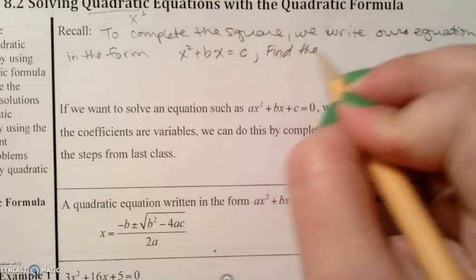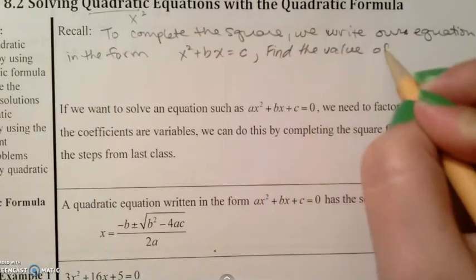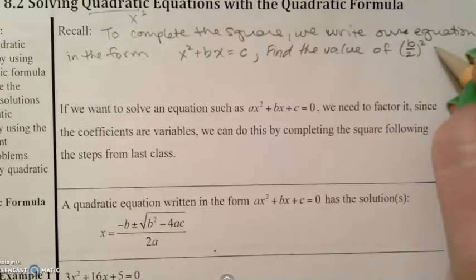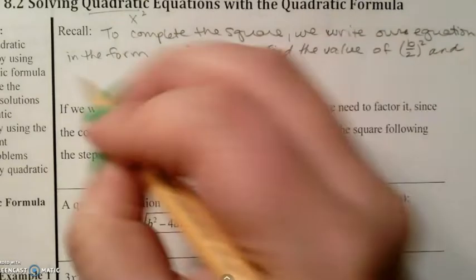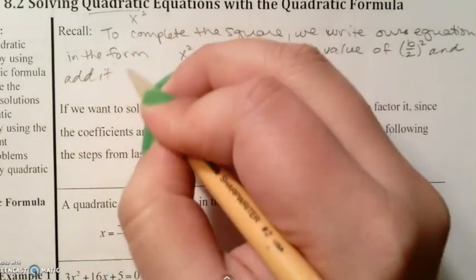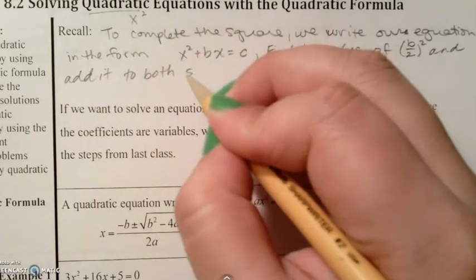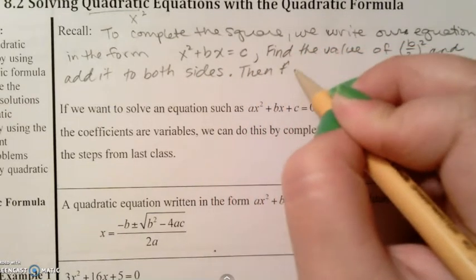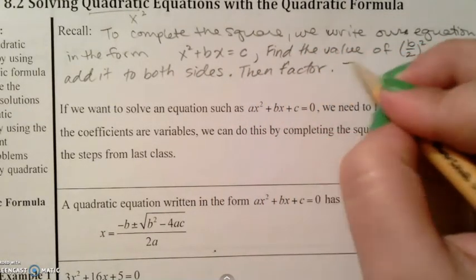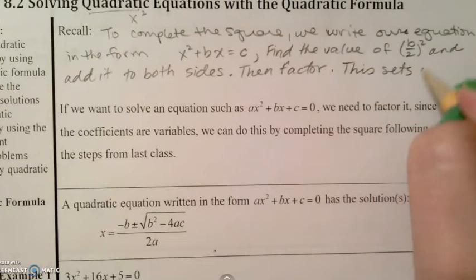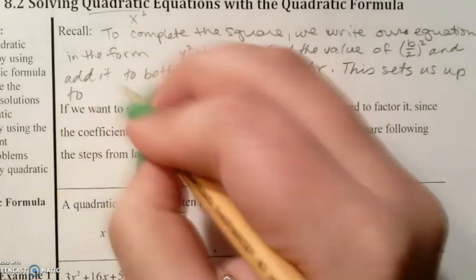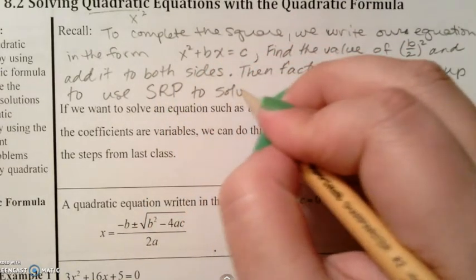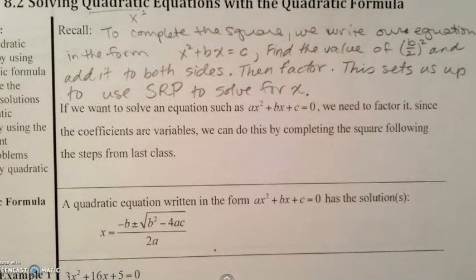Find the value of, we took our middle term, divided by 2 and squared, and add it to both sides, then factor. This sets us up to use the square root property to solve for x.